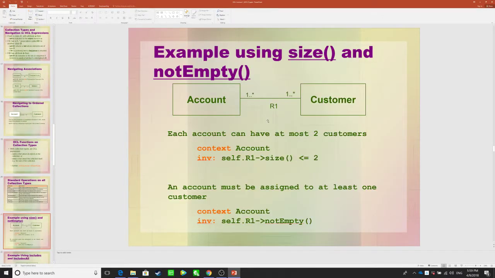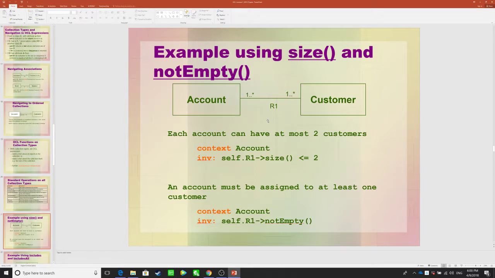Yeah, so this is an example of using size and notEmpty. Do not get confused here. Think about a UML specification, a UML model, where we have two classes, and R1 is the relation between them. Now we have another tool called OCL, which gives us more information.